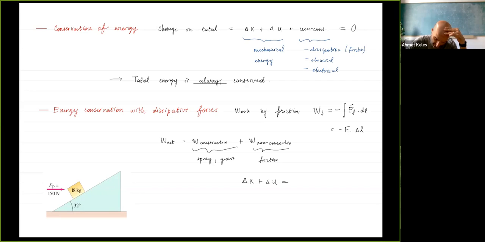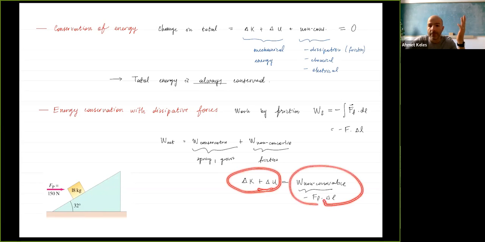So I'll write it like work done non-conservative. Okay, if you have friction, this is minus F friction times delta L. So what this says is your total change in mechanical energy is equal to the loss of energy.